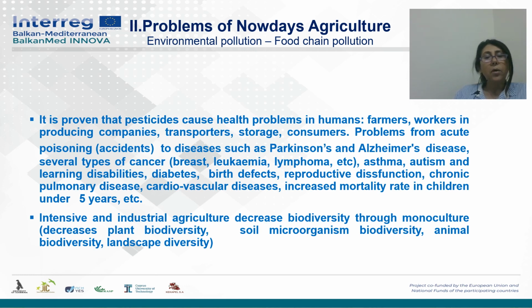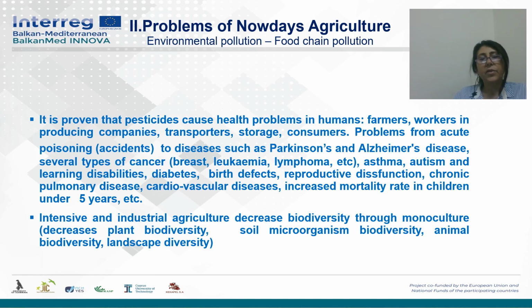Problems range from acute poisonings, in case of accidents, to diseases such as Parkinson's and Alzheimer's disease, several types of cancer, for example breast cancer, leukemia, lymphoma, asthma, autism, learning disabilities, diabetes, birth defects, reproductive dysfunction, chronic pulmonary disease, cardiovascular diseases, increased mortality rate in children under 5 years, etc. There is an impact from the use of different chemicals.